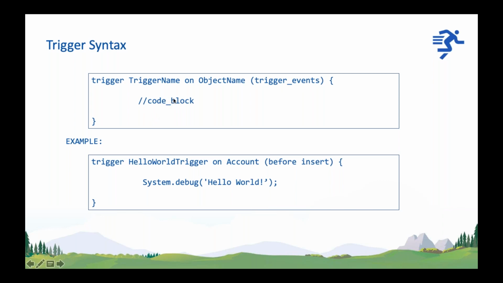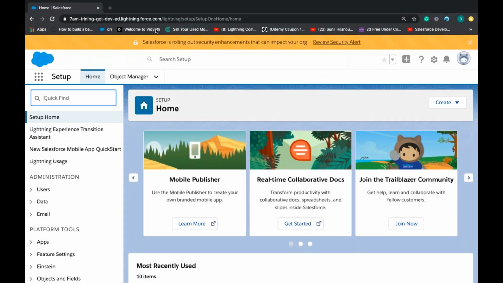In the code block, we can directly write the logic. We don't need any methods here. And in this example, we are just debugging. So let us give it a try.